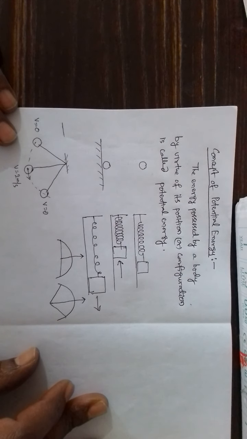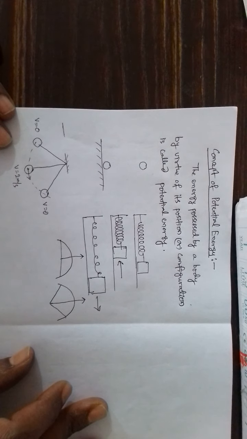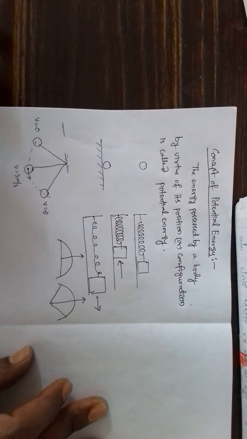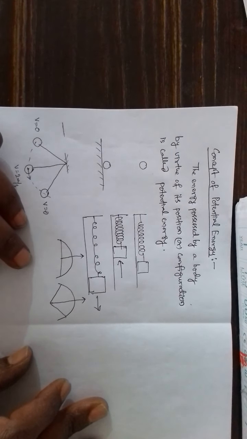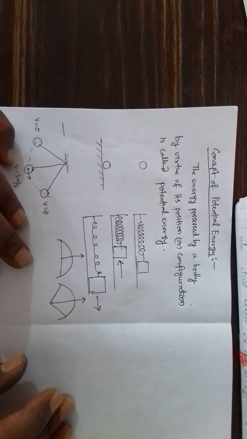Now let us consider the concept of potential energy. Previously we considered kinetic energy. How did we define kinetic energy? Energy possessed by a body by virtue of its motion. When a body was moving, it had kinetic energy.